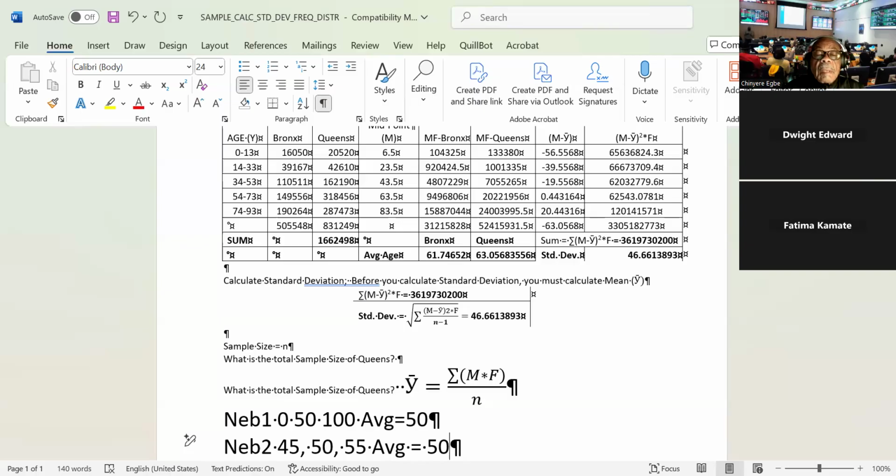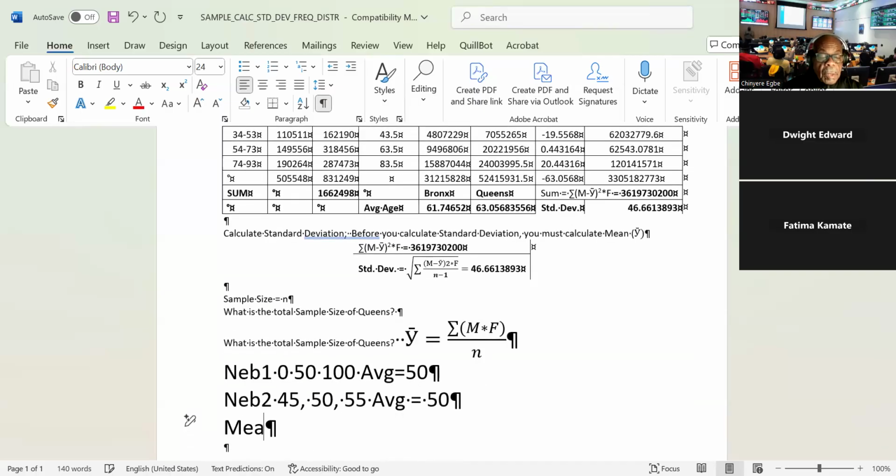And so the next thing that we do in statistical analysis is to calculate what we call measures of dispersion, okay? And here we use variance and standard deviation.